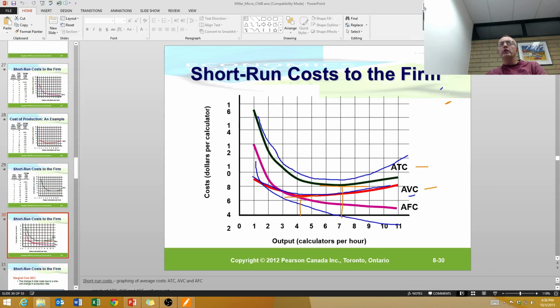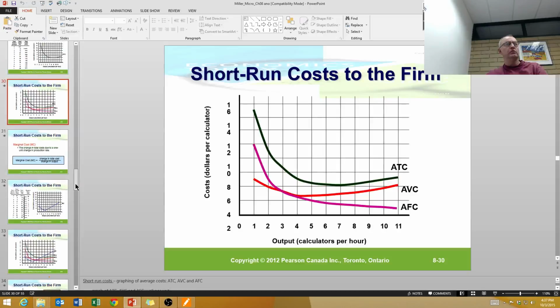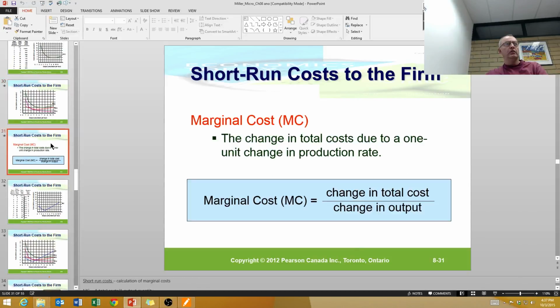Okay, so now we want to calculate and plot the marginal cost curve. Remember, the marginal cost is the change in total cost divided by the change in output.